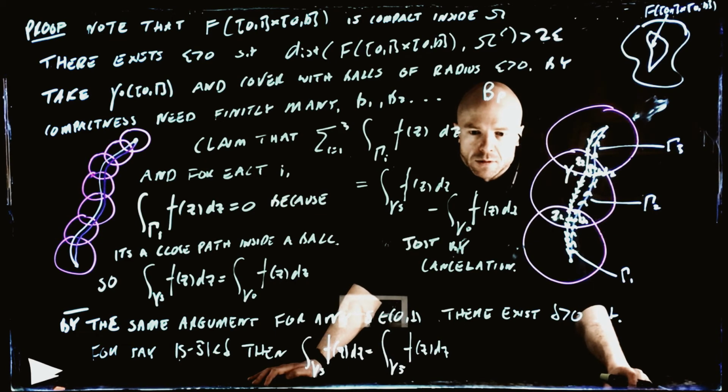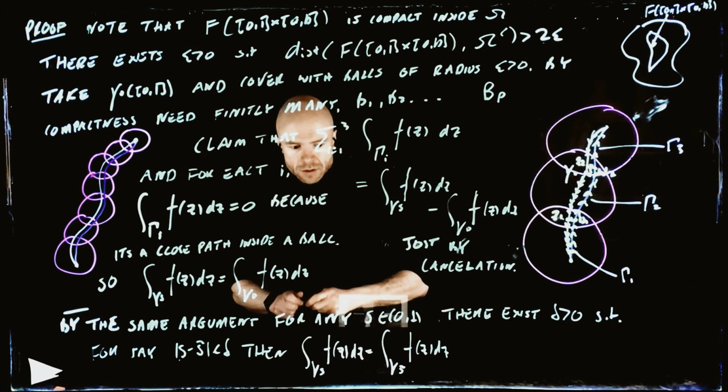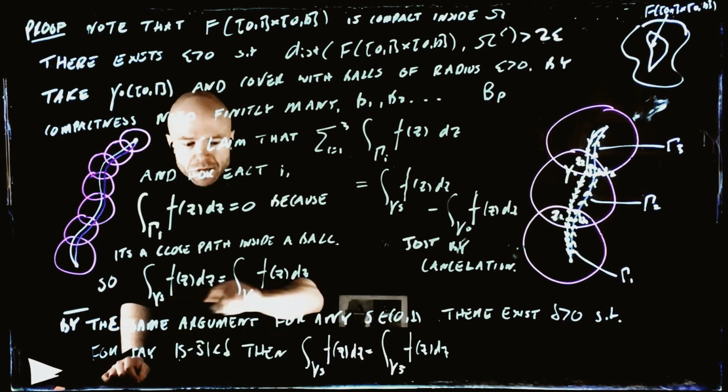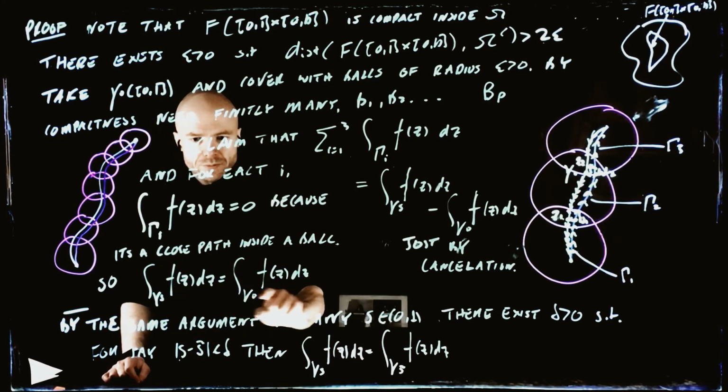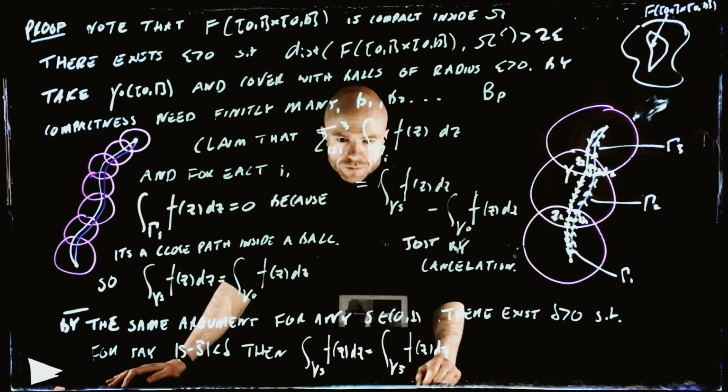Are you happy with this? Yeah? Cool. So what does that mean? That means that if we consider the set of all s such that this identity is true, yeah, then the set of all such s's is actually going to be an open set.